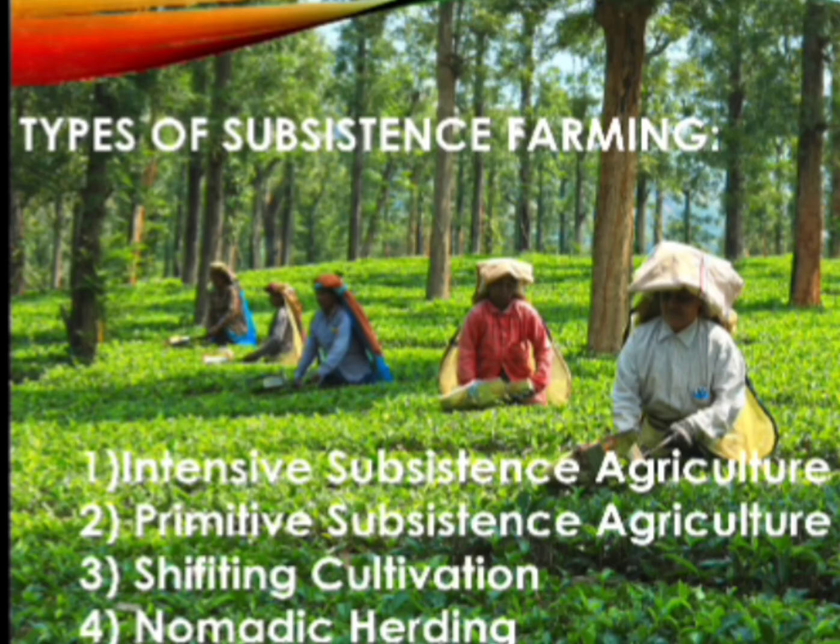In intensive subsistence agriculture, the farmer cultivates a very small land using very simple tools and more labor. Climate with a large number of days with sunshine and fertile soil permit growing of more than one crop annually on the same plot.